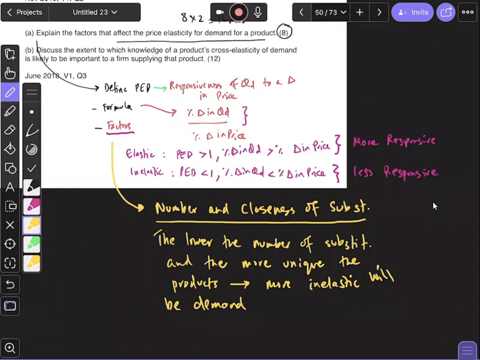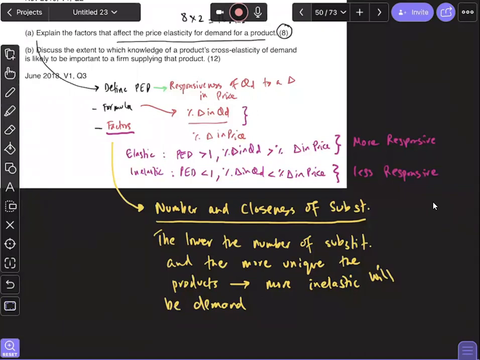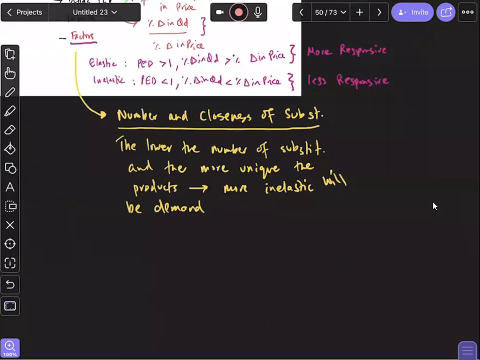So the idea is that the higher the number of substitutes, and the closer they are, the more elastic the demand will be. The closer they are means how close you are as compared to another product.